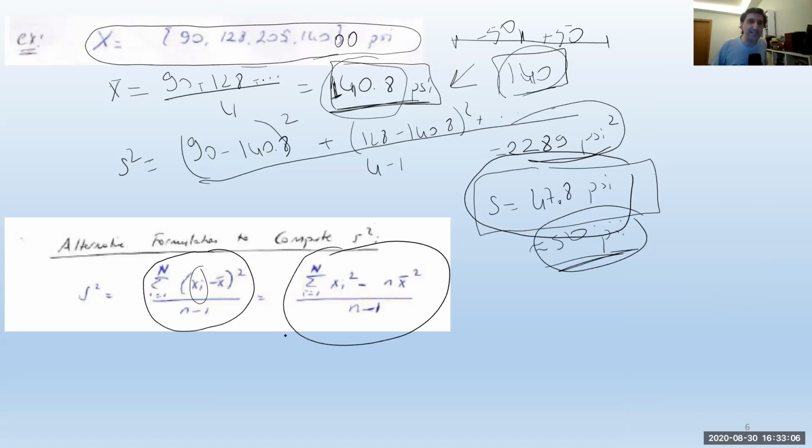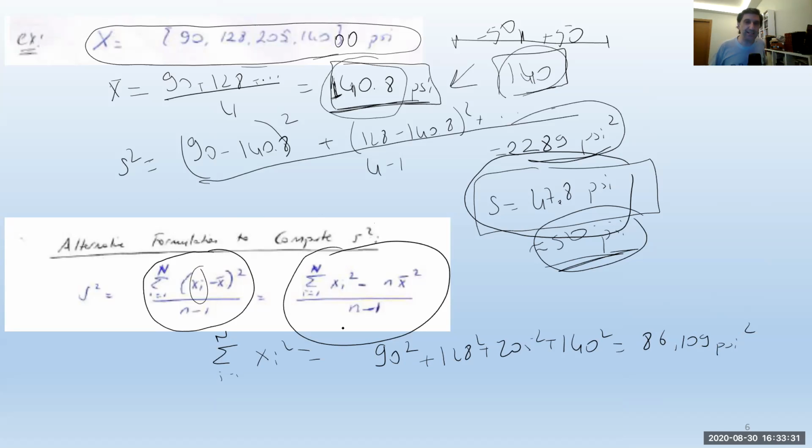Anyway, for this case, how are we going to compute? We need two calculations here. First, the sum from i equals 1 to n of xi square. This is computed term by term: 90 square plus 128 square plus 1000 and so on, and the result is something like this, in pounds square.